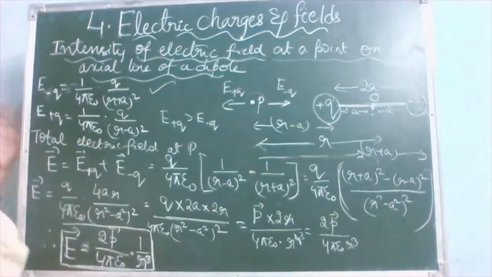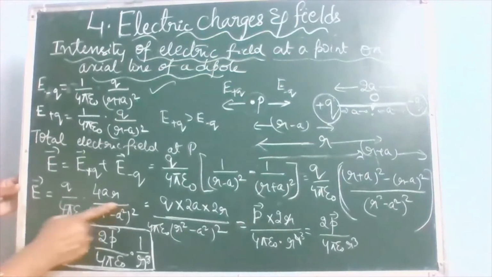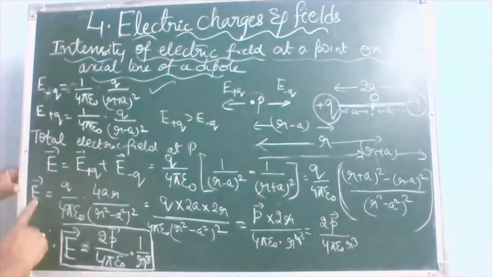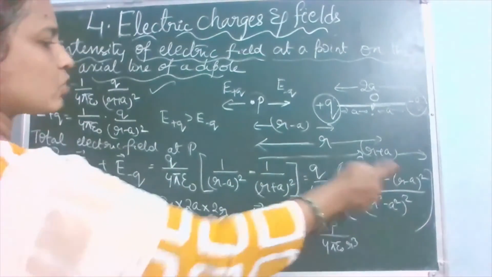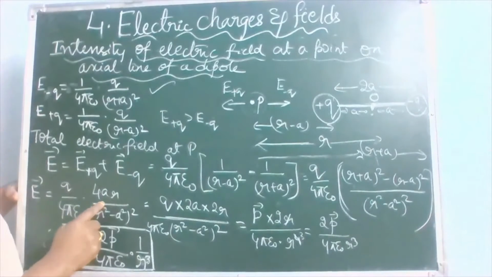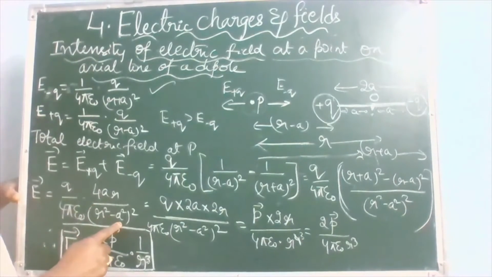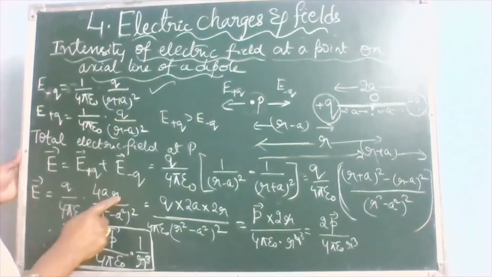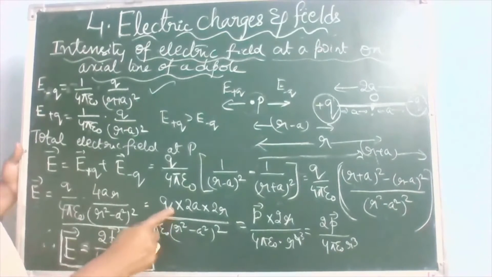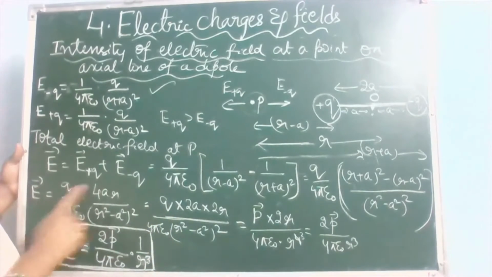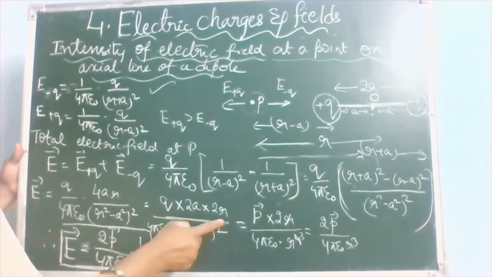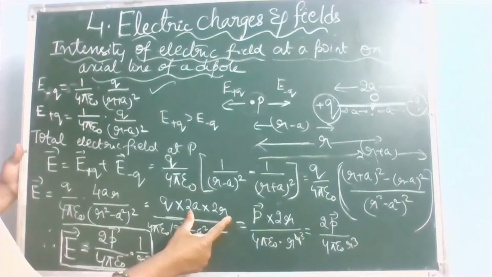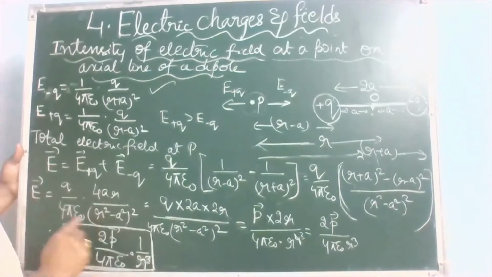So by solving this one we will get E is equal to q by 4 pi epsilon naught into 4ar by (r square minus a square) whole square. 4ar can also be written as q into 2a into 2r by 4 pi epsilon naught into (r square minus a square) whole square.